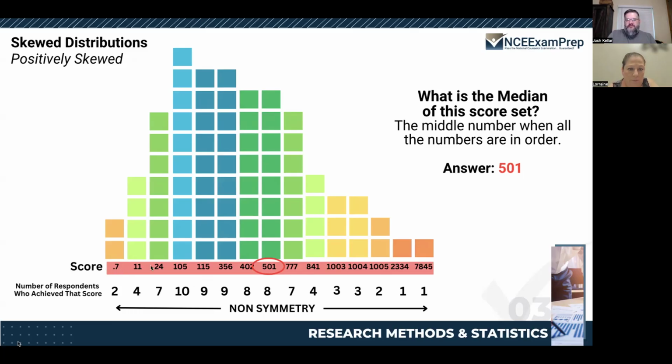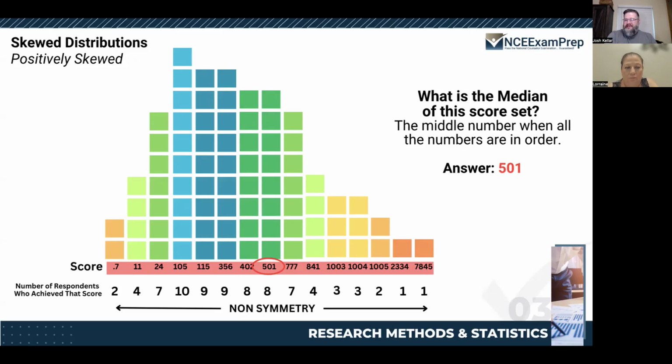On this one, 1, 2, 3, 4, 5, 6, 7, 8, 9, 10, 11, 12, 13, 14, 15. We have 15 scores. Half of 15 would be 7.5, which we're not going to have, so that would be the eighth score, right here in the middle. That would mean there's 7 on each side of that middle score.